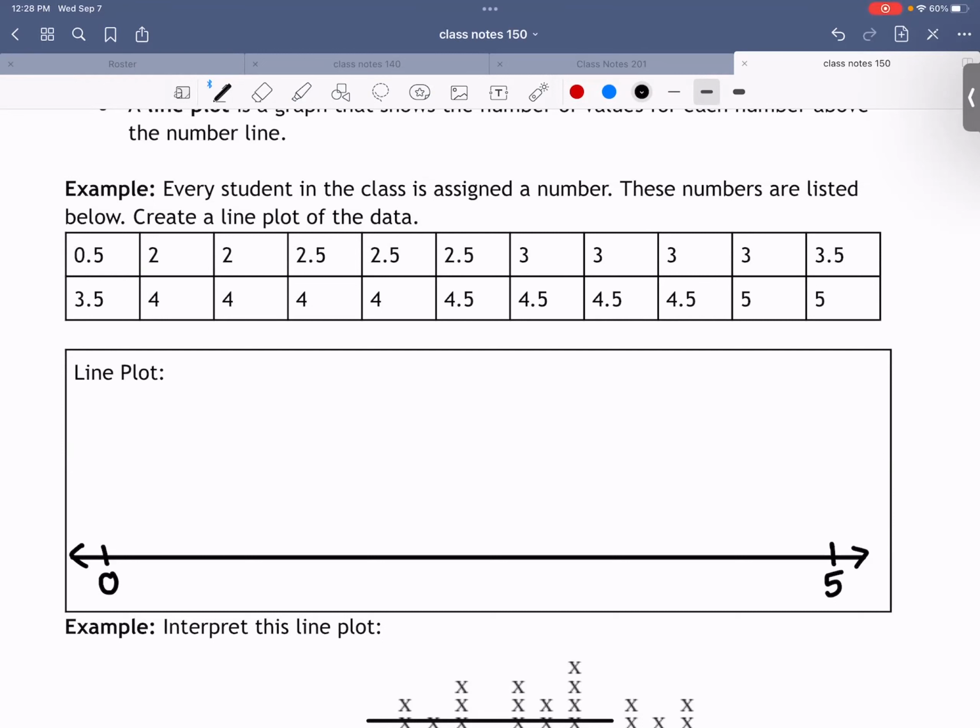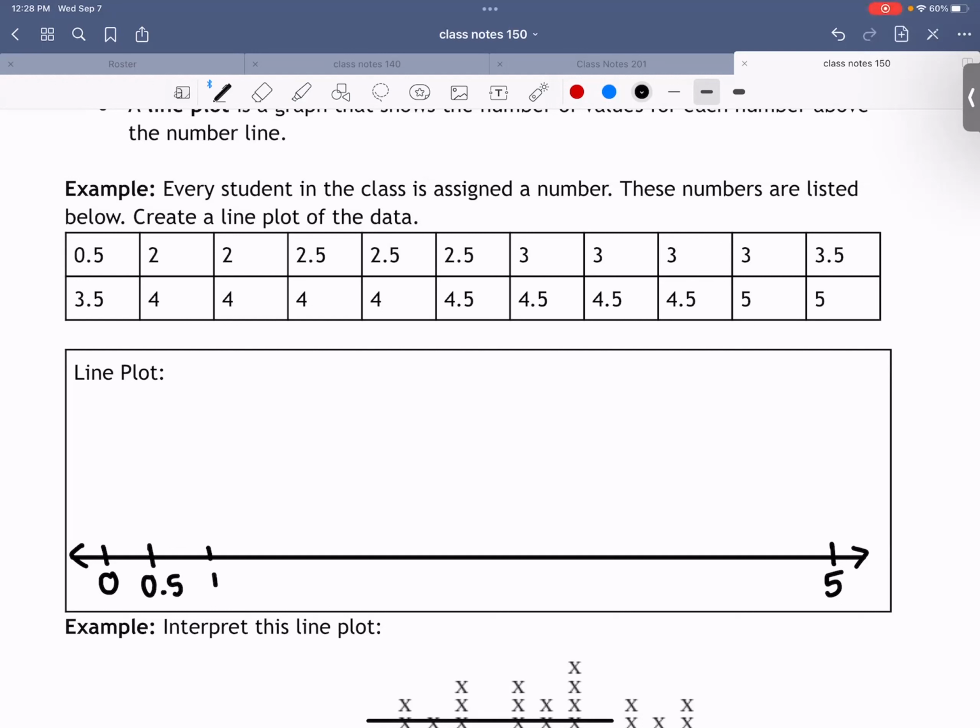And I think the thing I struggle with most is how many tick marks to put. And I'm going to say the easiest way to do this is to just guess. And if you don't make it, just undo what you've done and try again, okay? So I'm just going to guess that 0.5 is here. Okay, and if I mess up, I'll just erase it and try again.